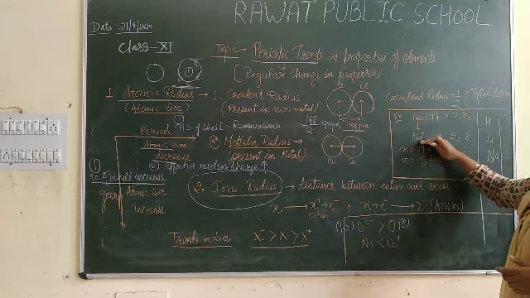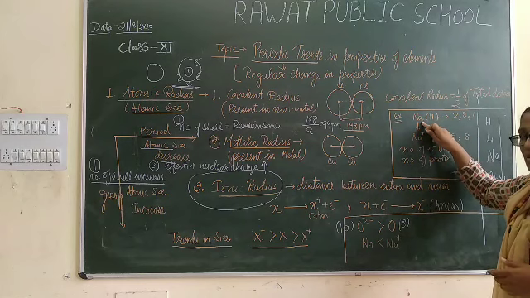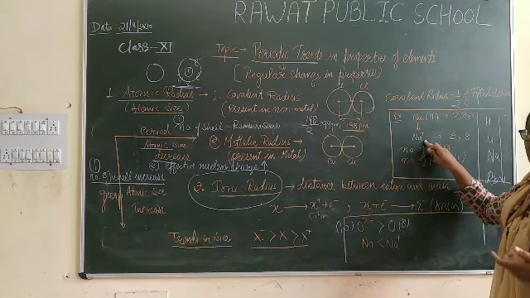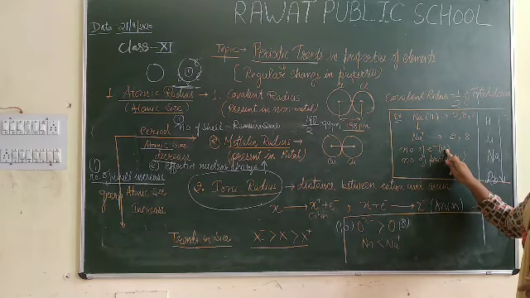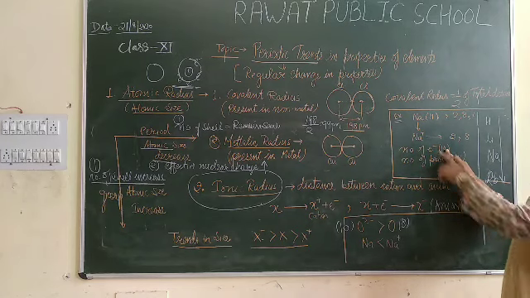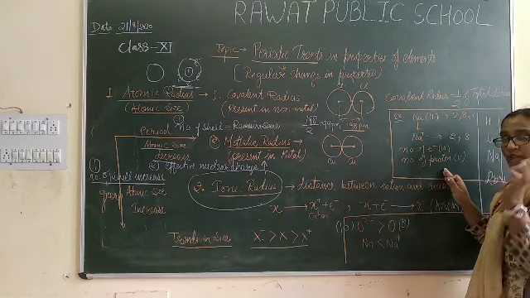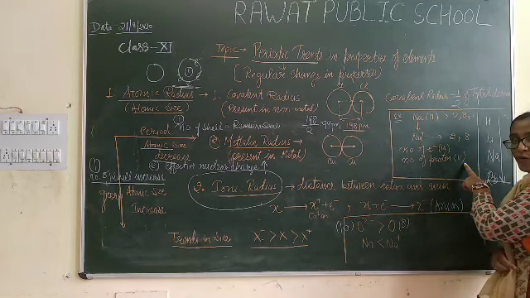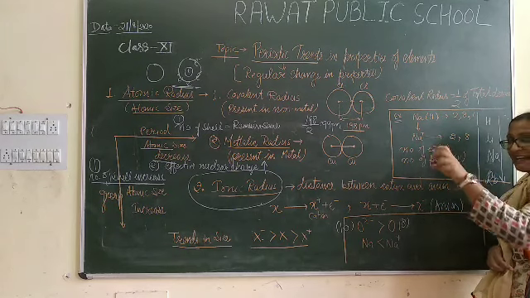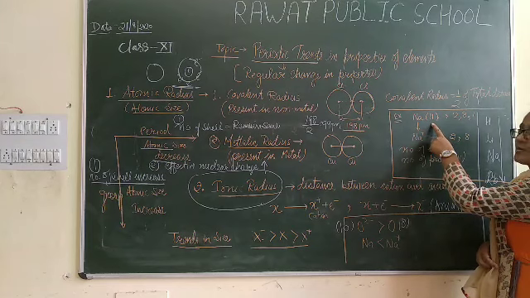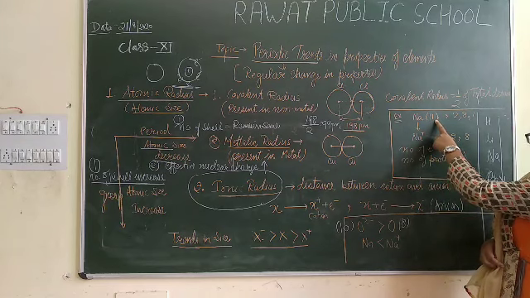In the case of the sodium atom, the total number of electrons remains 11. But in the case of the sodium cation, the number of electrons is 10 and the number of protons is 11. Now think, here the 11 protons are attracting only 10 electrons, while there the 11 protons attract 11 electrons.